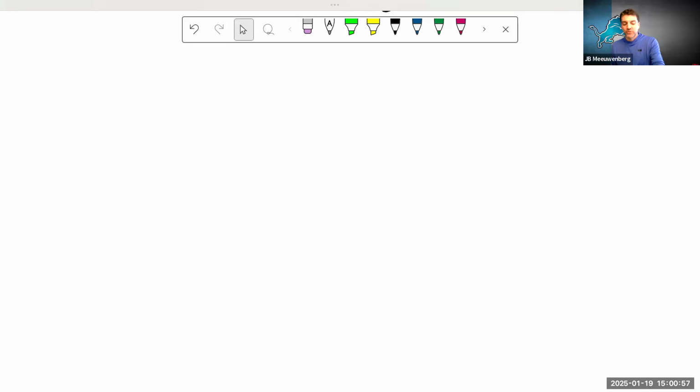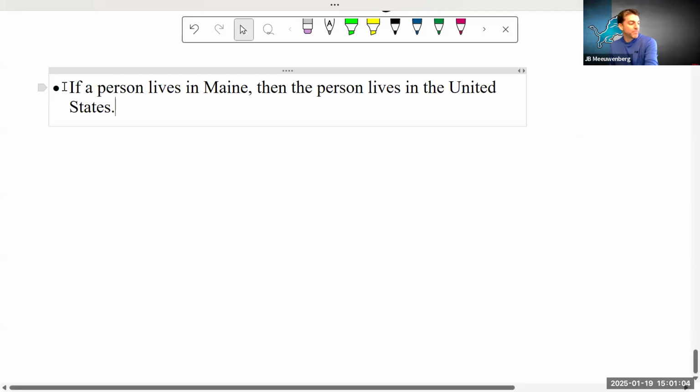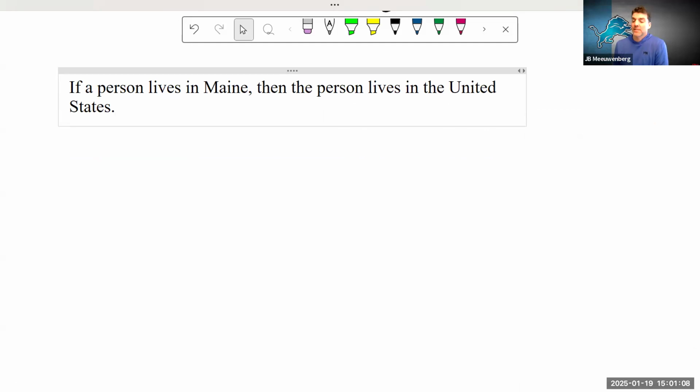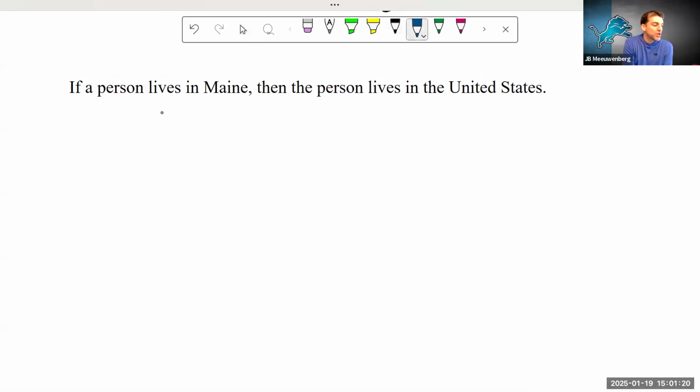So here's the original statement that we're going to play with here. If a person lives in Maine, then the person lives in the United States. Okay. If a person lives in Maine, then the person lives in the United States. All right. In fact, let me get this all on one line. So here is our original P, right?